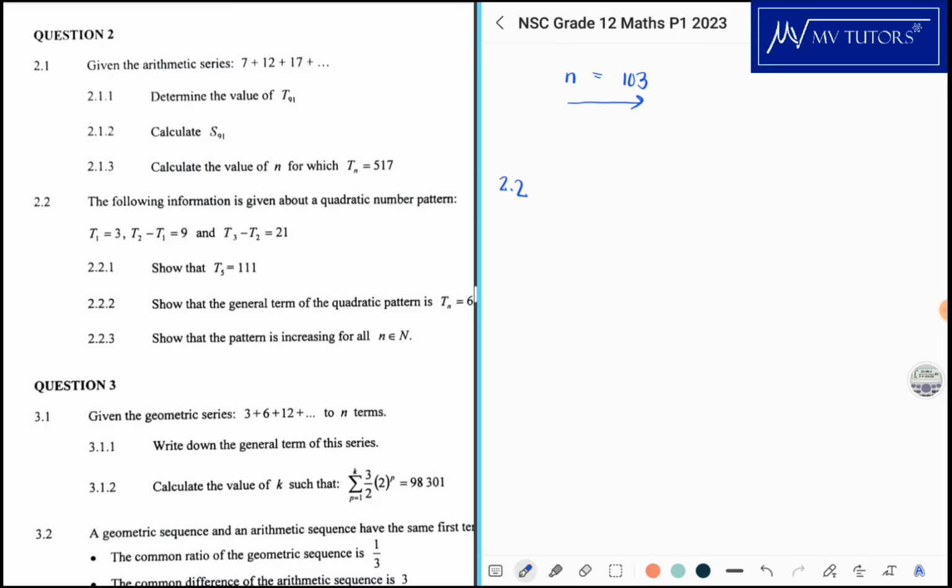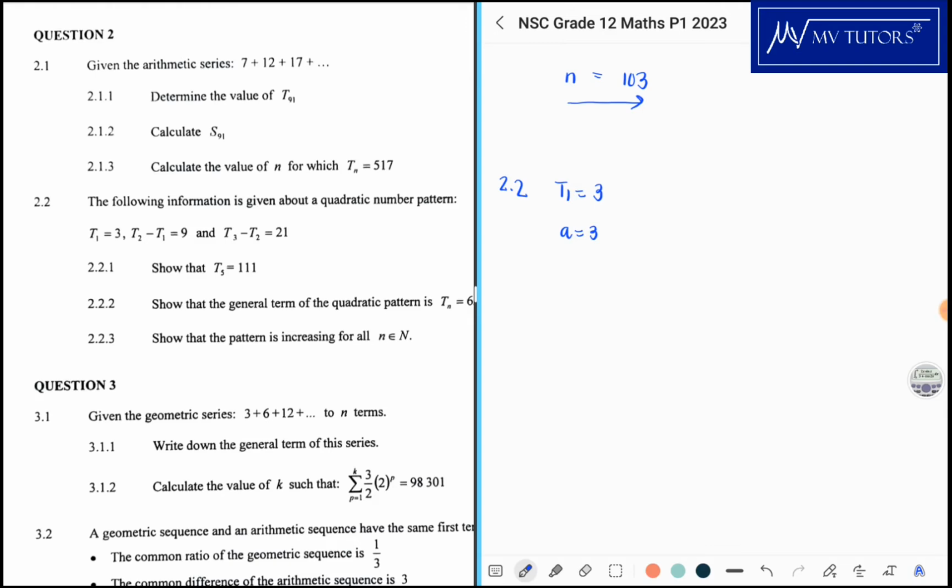So it says the following information is given about a quadratic number pattern. So this is where you need to remember how to deal with the quadratic patterns. Okay, so they've given us that term 1 is equal to 3. So basically, if we have the first term, we can then say a is 3, and then term 2 minus term 1 is equal to 9.